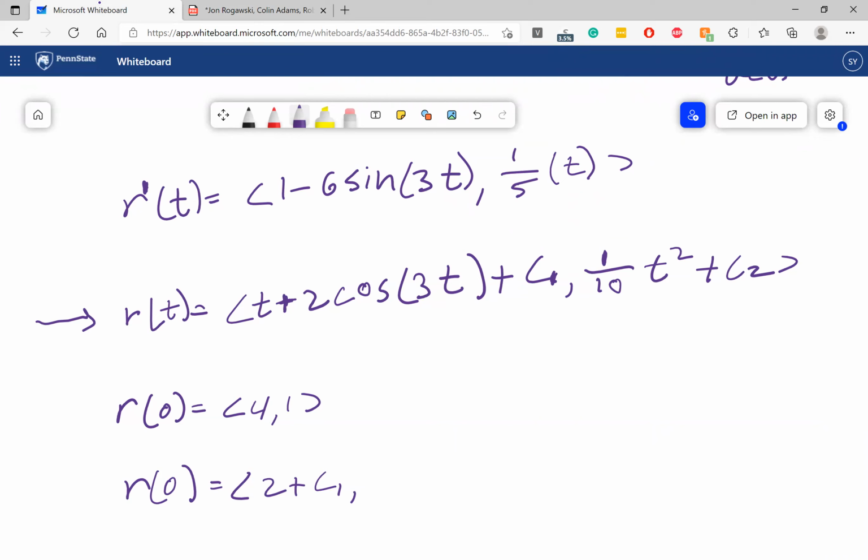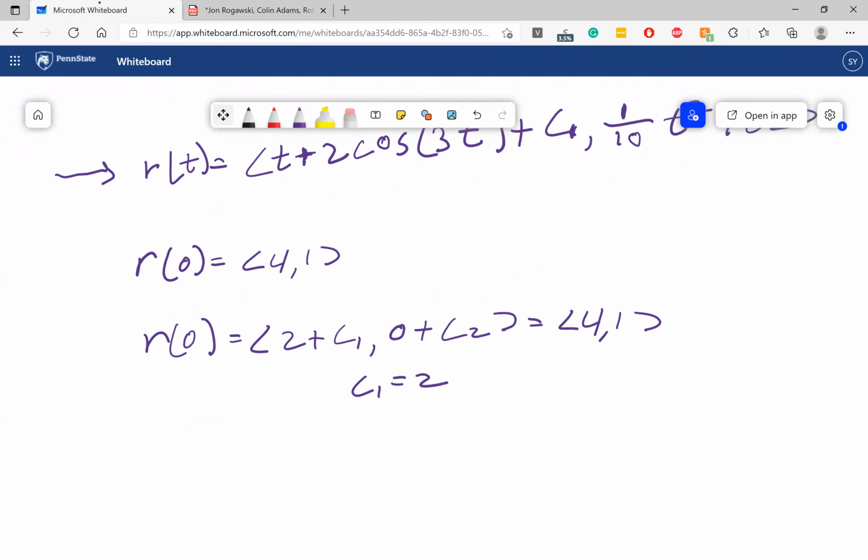And for the other one, we get 0 plus C2. And we know that this is equal to 4, 1. So that tells us that C1 is equal to 2, and C2 is equal to 1.